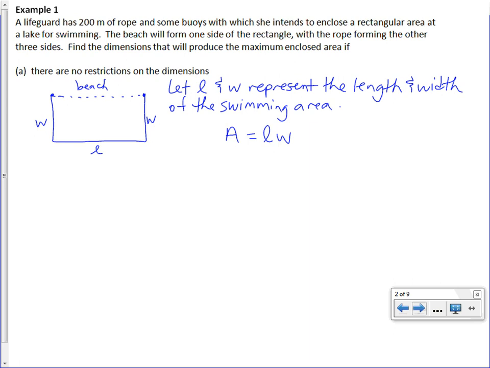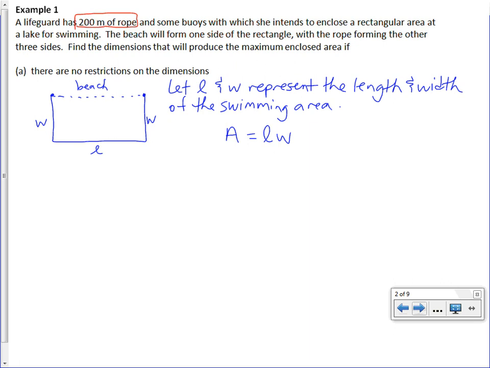But we were given one piece of specific information we haven't used yet. And that is that the lifeguard has 200 meters of rope. So that's the condition on this problem. That's fixed. You have 200 meters of rope to create this 3/4 of a rectangle, or 3 sides of a rectangle.